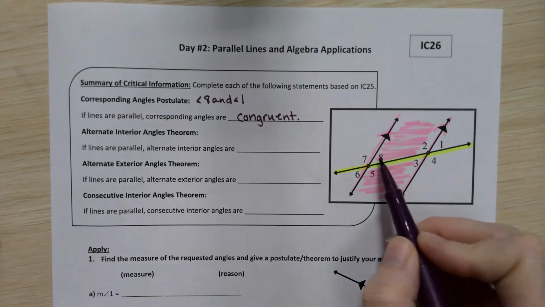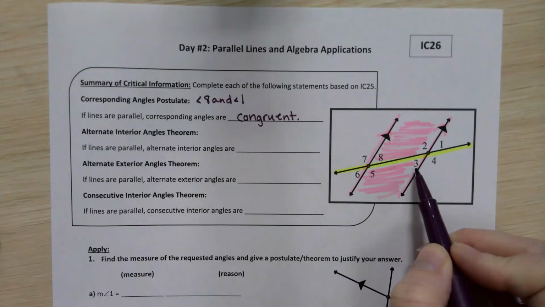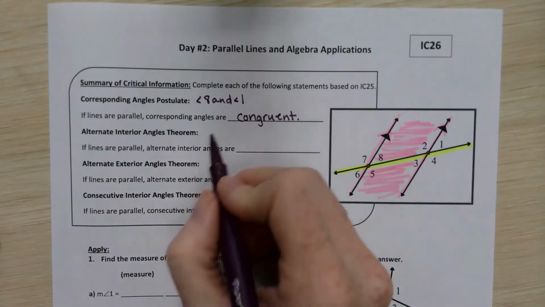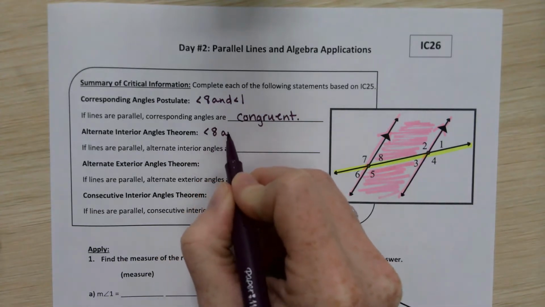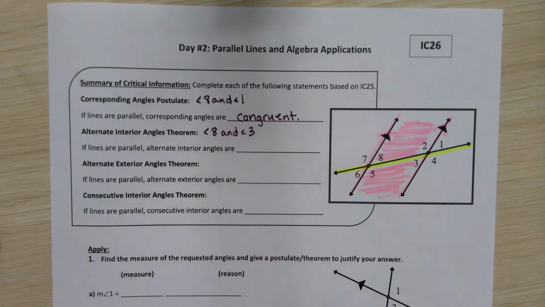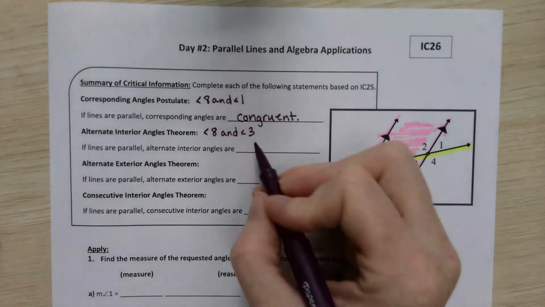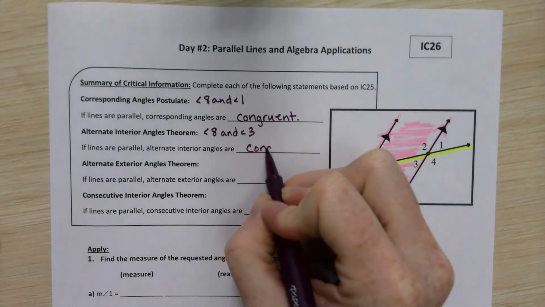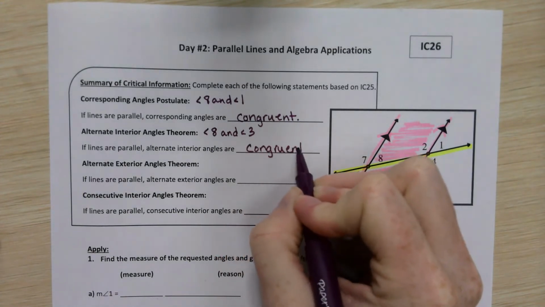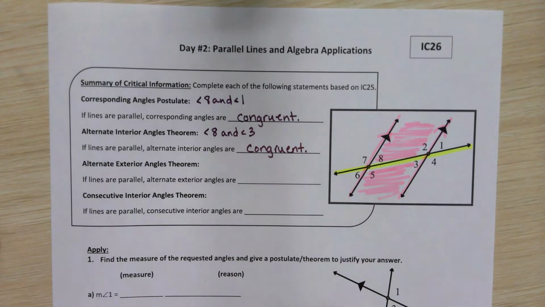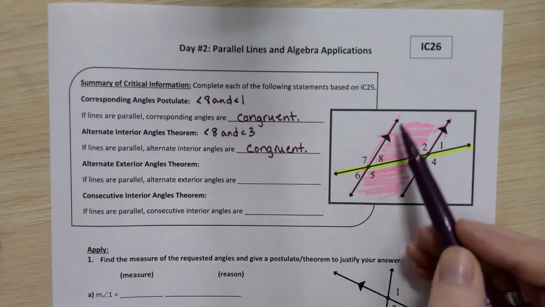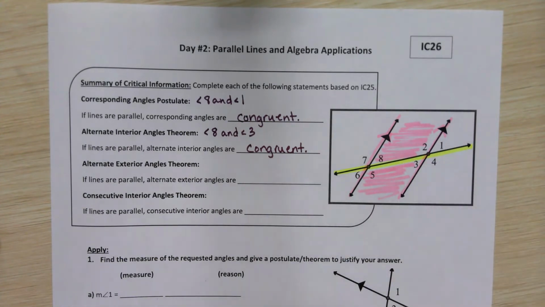So we could choose angle 8 and angle 3 to be alternate interiors, or angle 2 and angle 5. I'm just going to write down angle 8 and angle 3 as an example. And we proved yesterday, or whenever you did in class 25, that alternate interior angles will always be congruent when our lines cut by a transversal are parallel.